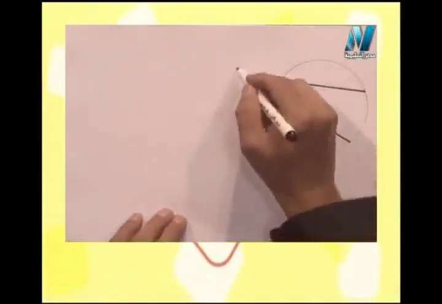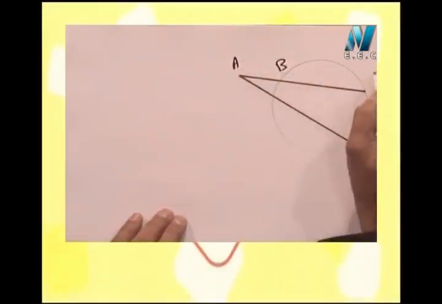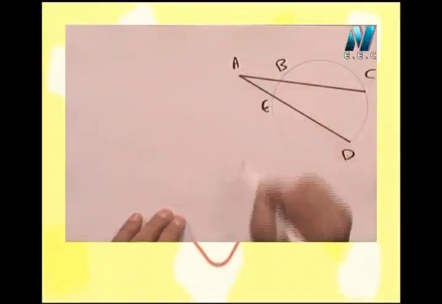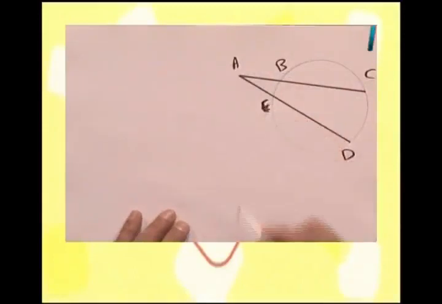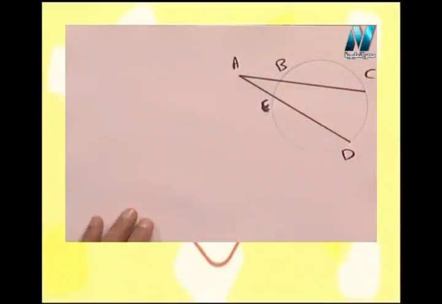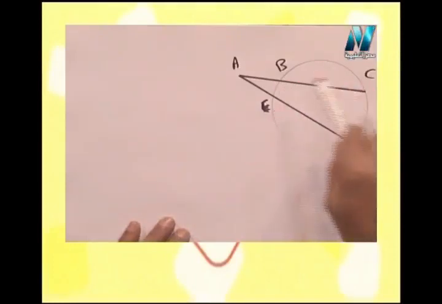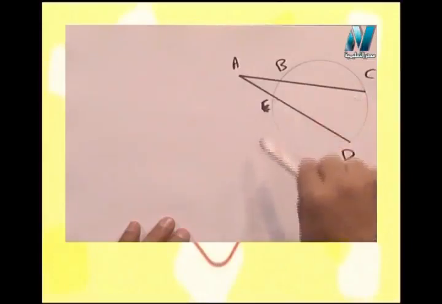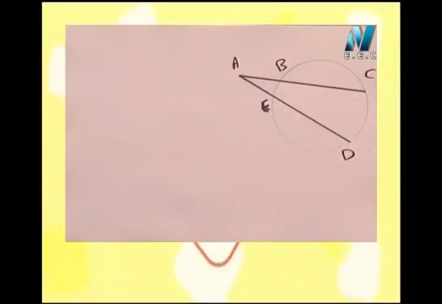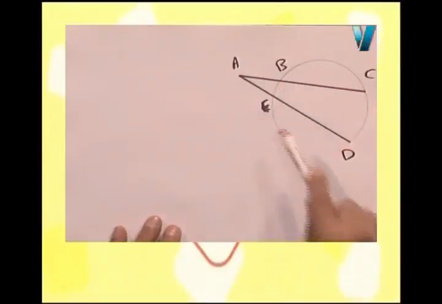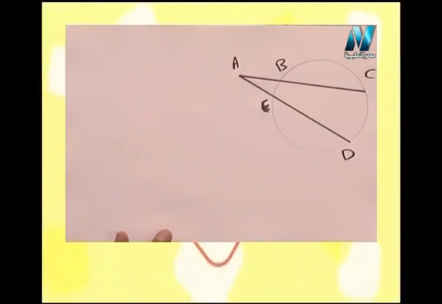We have A, B, C, D, and E. If we have something like that, and we are asked to prove that B, C, D, and E lie on the same circle, we try to prove that B, C, D, and E are on the same circle.